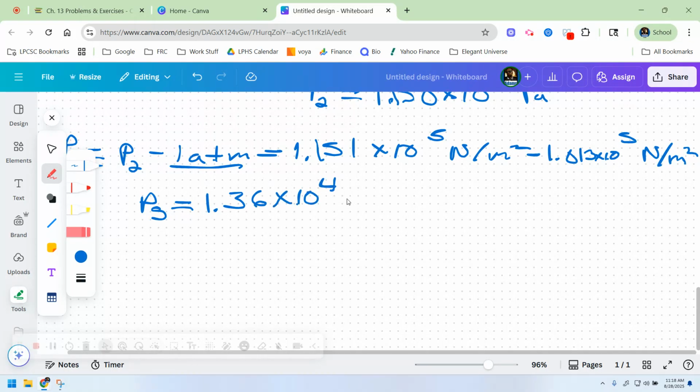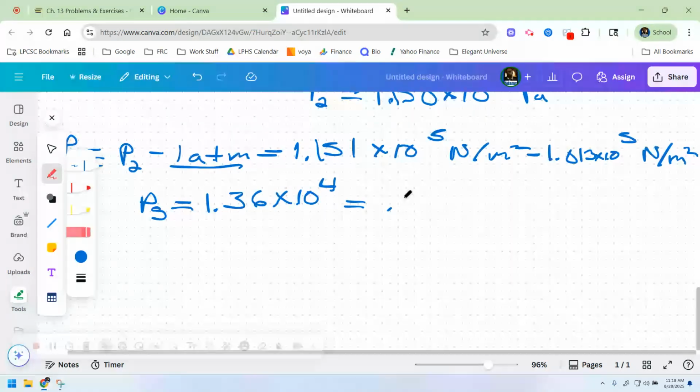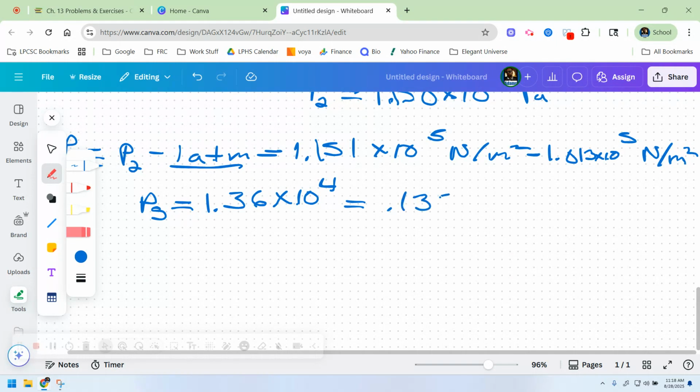Where did we get that number from? 1.35 atmospheres. That's what we subtracted, and that's the answer you would get. Oh, the original PG was 1.36.